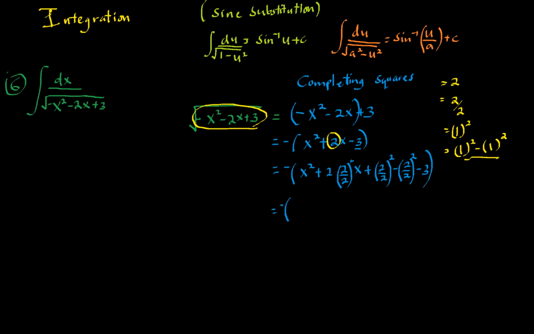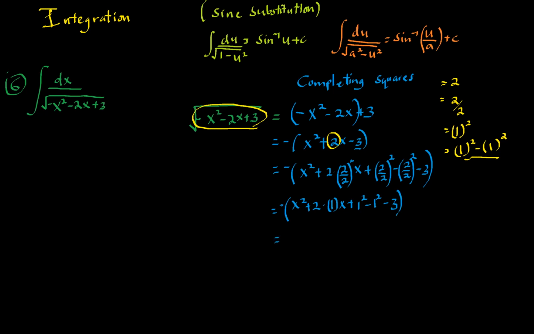To simplify this equation, x squared plus 2 times 1, I could just write it, 1x, plus 1 squared minus 1 squared minus 3.